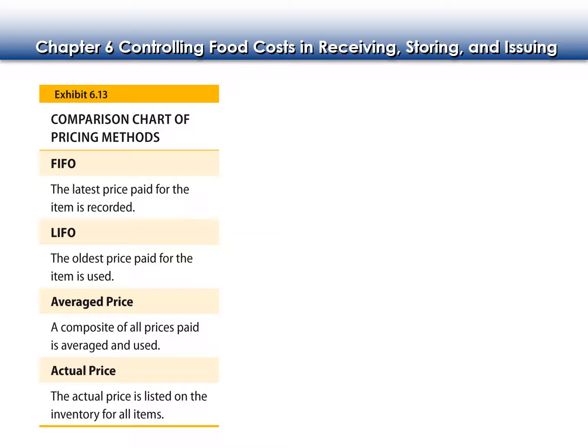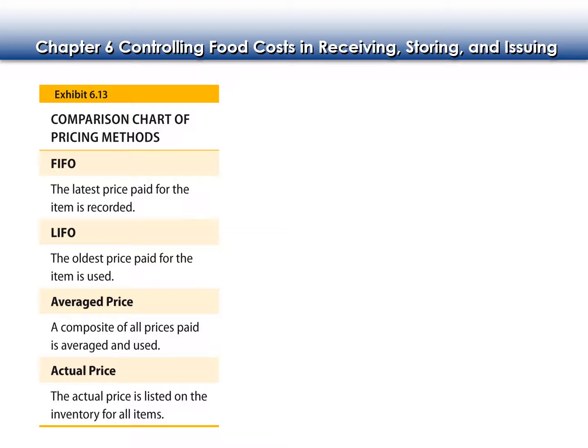So when we're actually costing out our inventory, when we're putting a value on it, FIFO means we're going to use the latest price, not the oldest price. That's a little confusing. FIFO means on the pricing side that we're going to use the latest price that we paid, because it's going to give us a better value of that product in today's time.